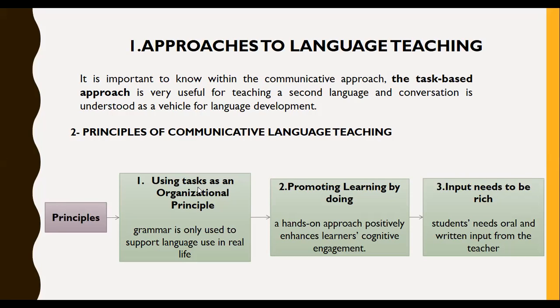Using tasks as an organizational principle, where grammar is only used to support language use in real life. Promoting learning by doing. It's based on the theory that a hands-on approach positively enhances students' cognitive engagement.